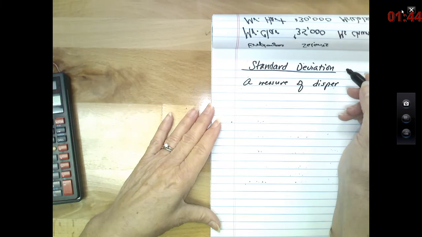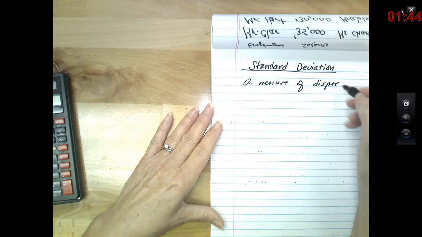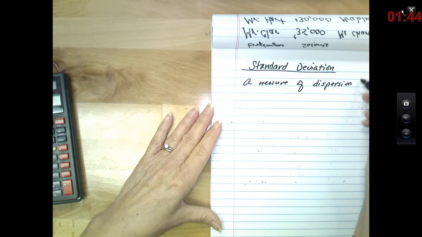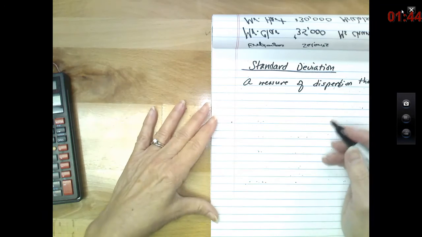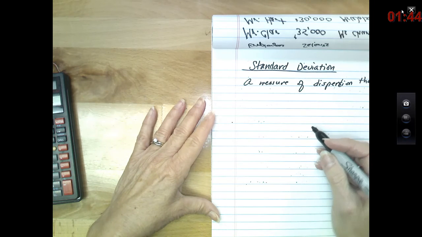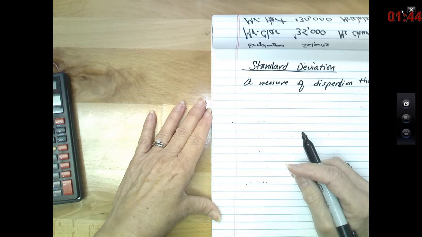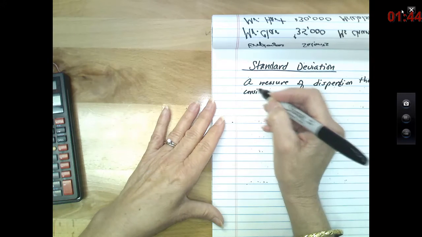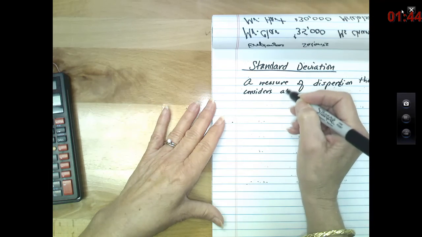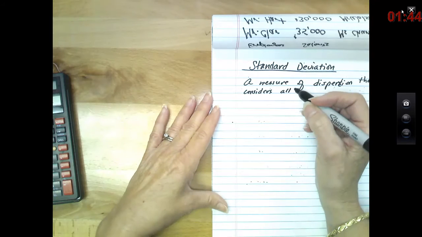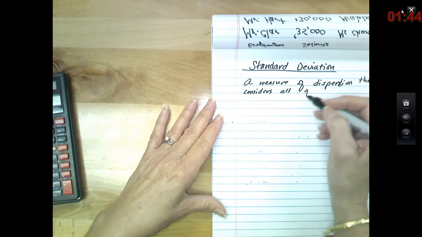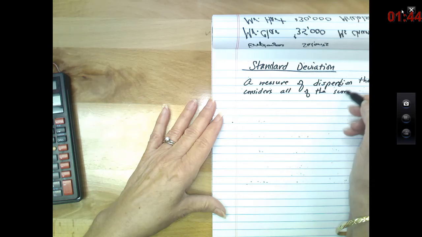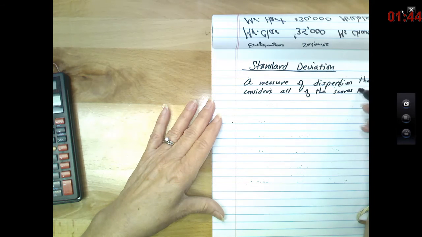How do you spell dispersion? Whatever, I don't know if it's an S or a T. That considers all of the scores in a given set of data.